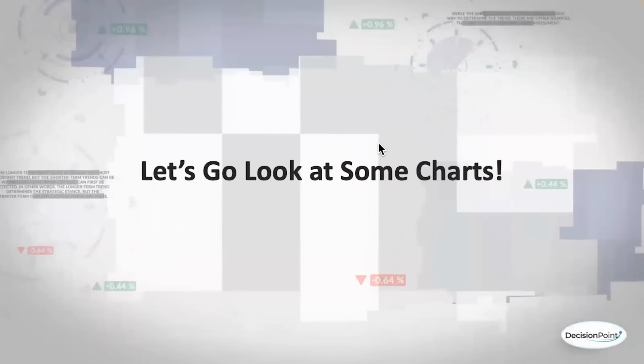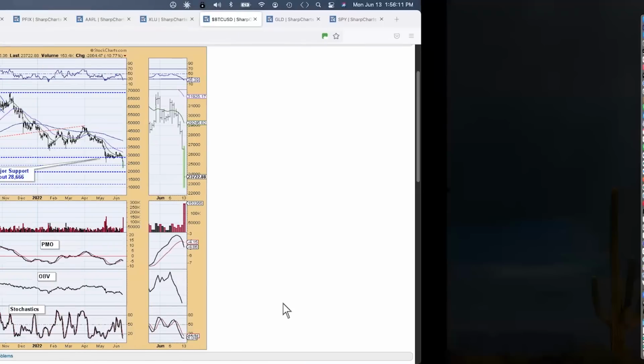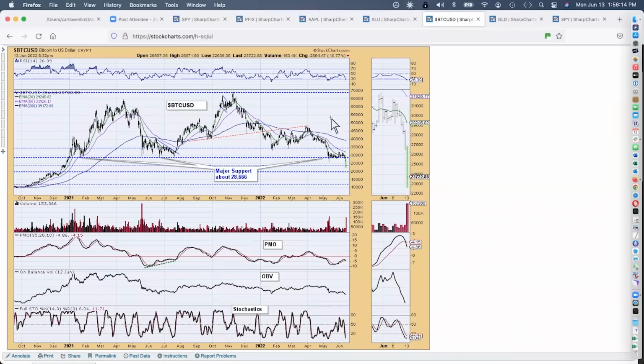I'm going to pass it to you, and I think you're going to lead with Bitcoin. Yes. And it's interesting because the news today has not been about Bitcoin. It's been all about the market, but Bitcoin is having a pretty major big day as well. This is one of the few indexes we get quotes on Saturday and Sunday.